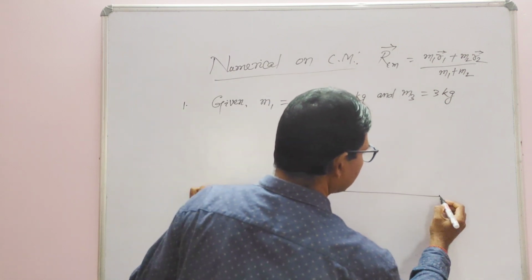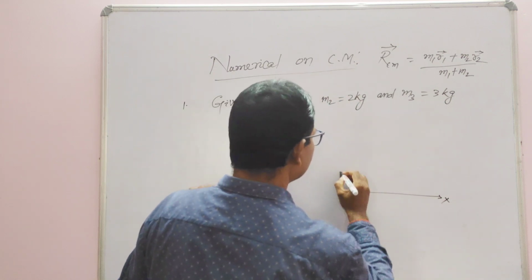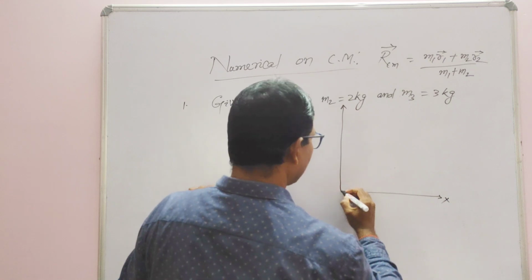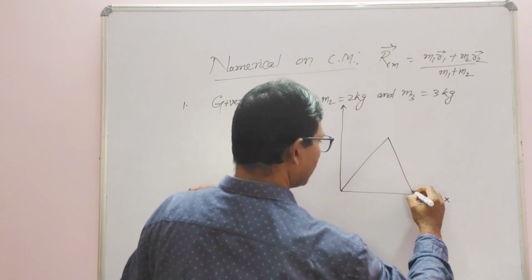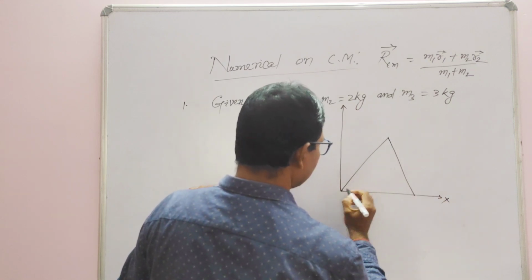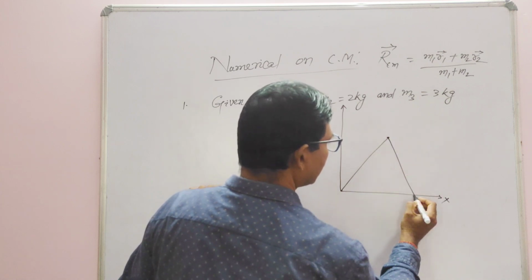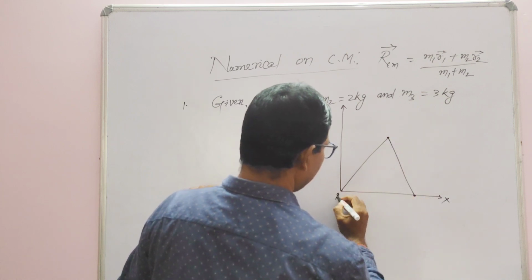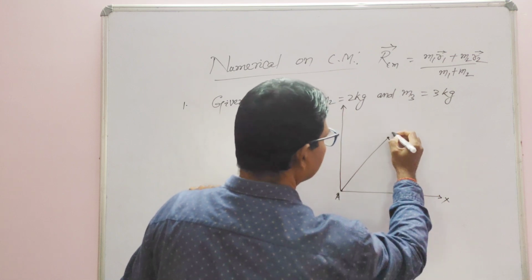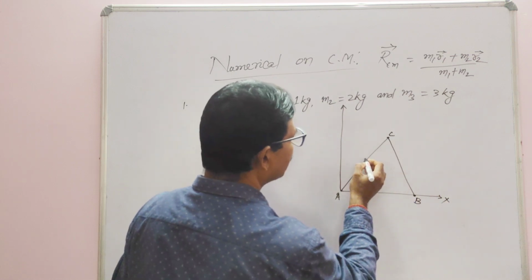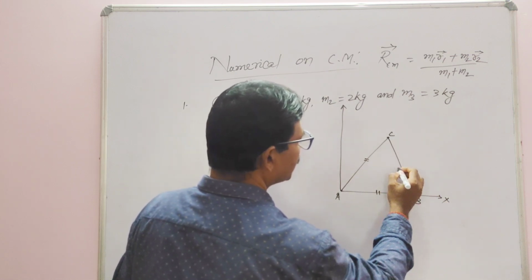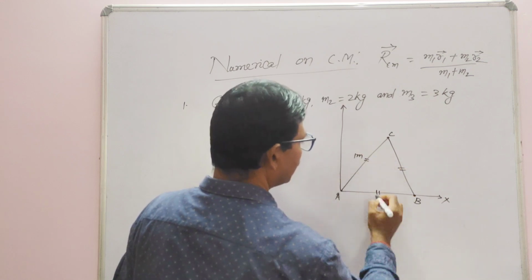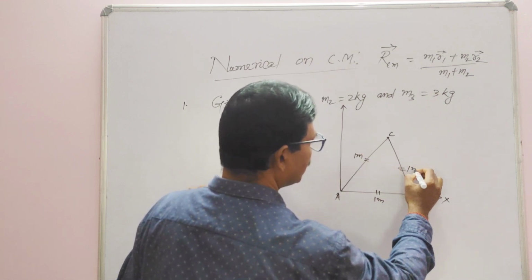Suppose this is the x axis, this is the y axis, and you make one equilateral triangle with 3 corners. Label them A, B, C. It is an equilateral triangle, so all sides are equal, and it is given as 1 meter, 1 meter, 1 meter.